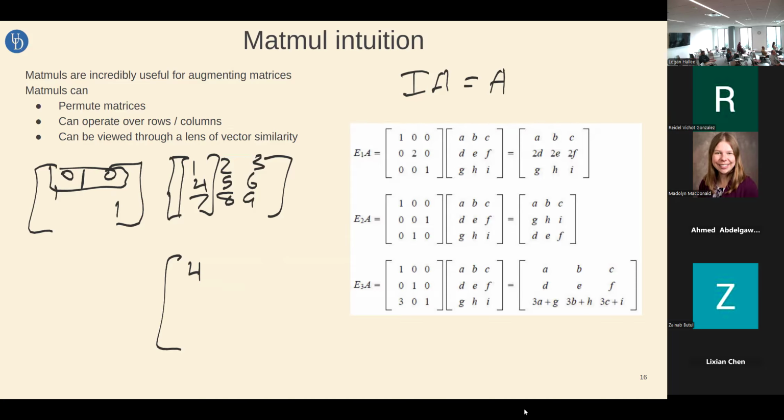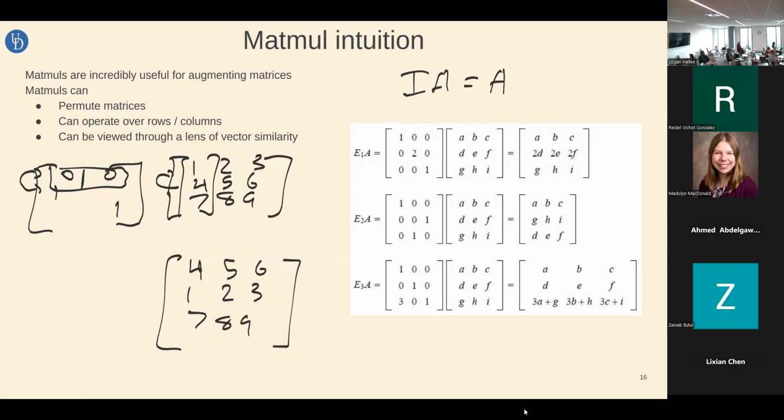Basically, it's just going to switch the order of the, in this case, I believe, the rows. Yeah. So it's just going to be 4, 5, 6. This one's going to move up here, move down here. So we switched the rows in our identity matrix, we end up switching the rows over here. So we do a very simple permutation.